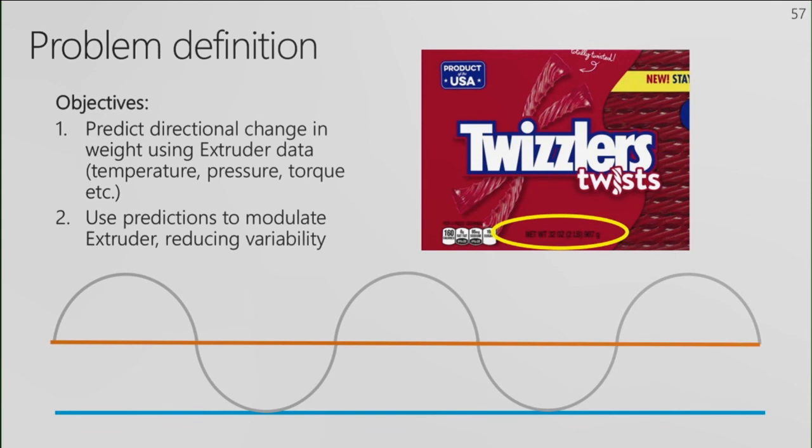The blue line is the weight listed on the packaging, and the orange line is the higher target that's set to account for that variability. So variability is costly. It's costly above the line because Hershey is giving away product for free. It's costly below the line because if that line ever dips below the blue, then we've lost a bag and are no longer able to sell it.